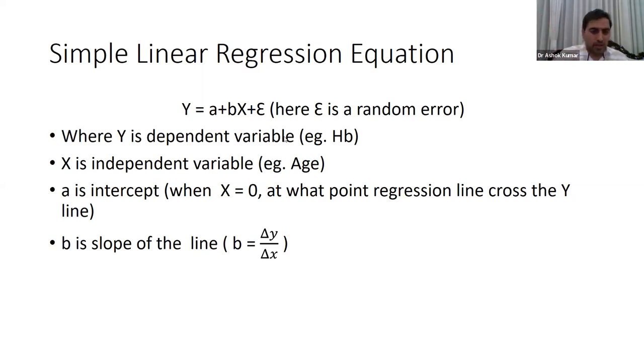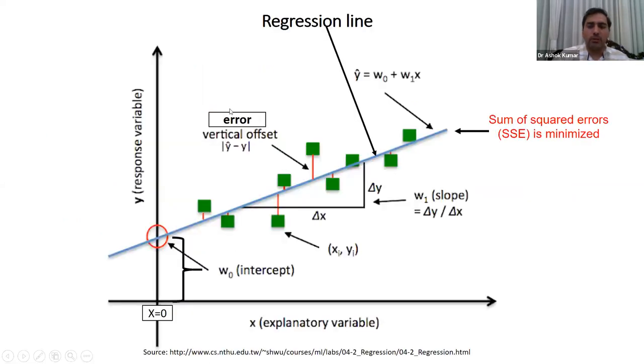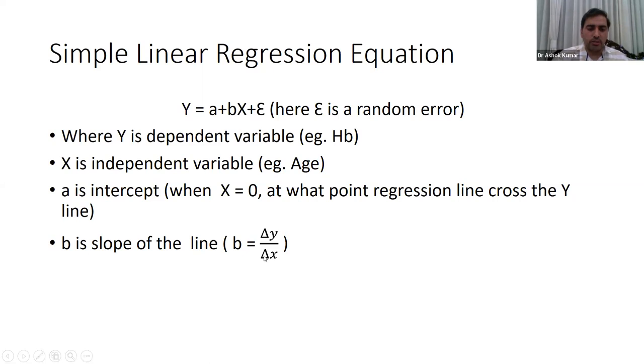Here y is a dependent variable, for example Hb, and x is an independent variable, for example age, so we want the relationship between age and Hb. a is the intercept, as I told you, the point where the regression line crosses the y-axis when x is equal to 0, and b is the slope of the line. Here a and b are the same as w0 and w1. So b is equal to delta y divided by delta x.